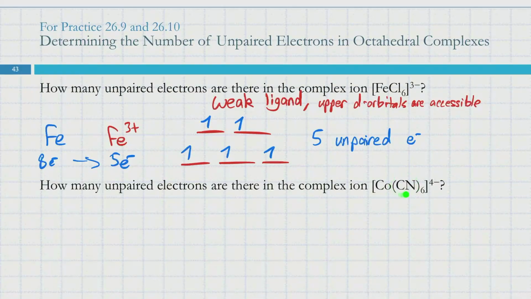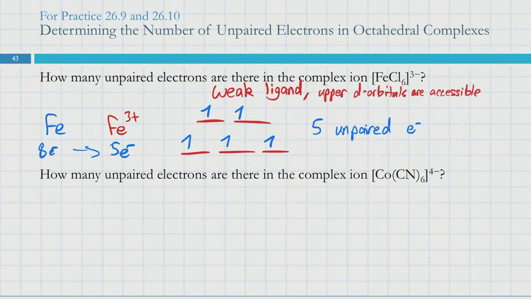All right, who remembers what CN is? Is it strong or weak? Strong. It is strong. It's our strongest, at least for the spectrochemical series we looked at. So this is a strong ligand. So we've got high crystal field splitting energy.